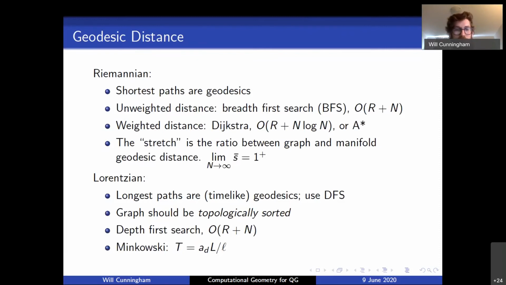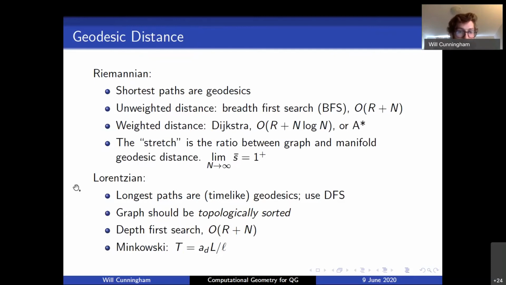And as the discreteness scale gets smaller and smaller, meaning as you add more intersections, as you add more roads, it's going to approach that shortest path distance. And so the stretch is in one way a good way to measure how close your geodesics are to convergence.